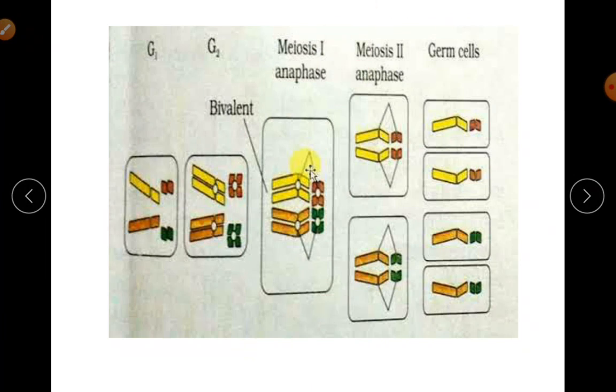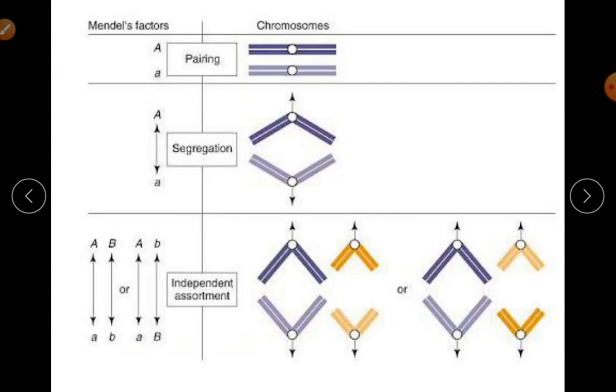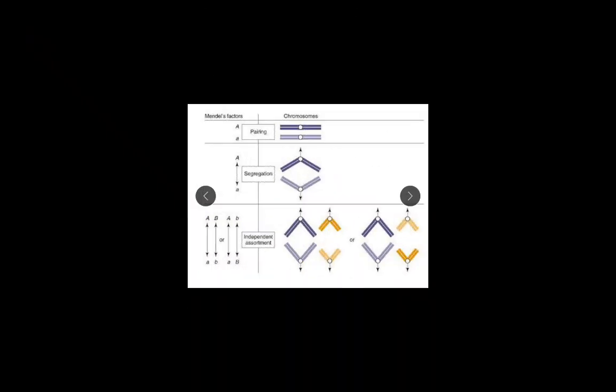Then meiosis 2 anaphase, where chromatids of the chromosome separate. This is homologous separation. This is chromatid separation. Observe, here there is only one type they have shown. You can see here, which I am explaining, a little different, almost like a graphical representation.